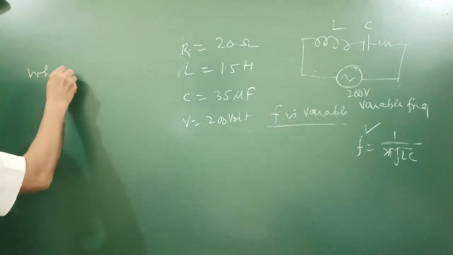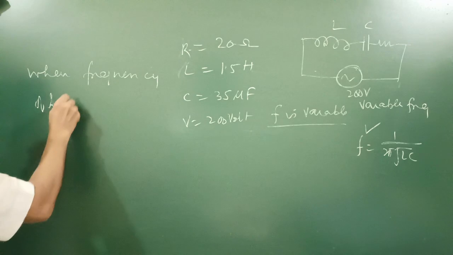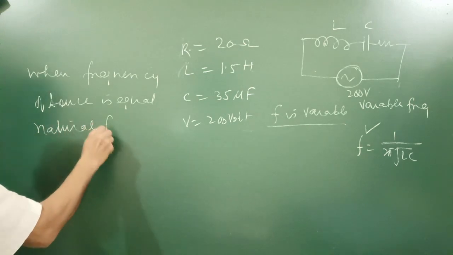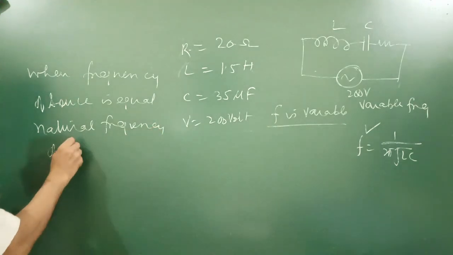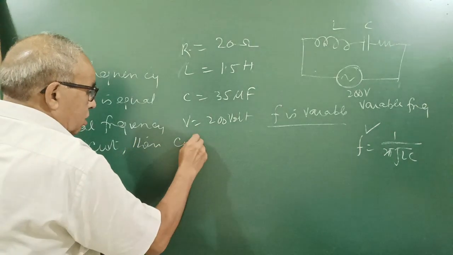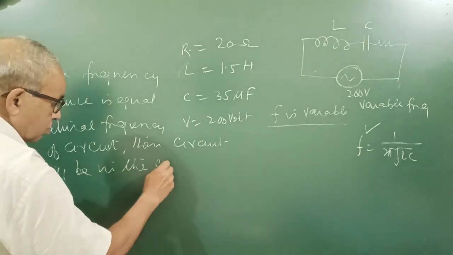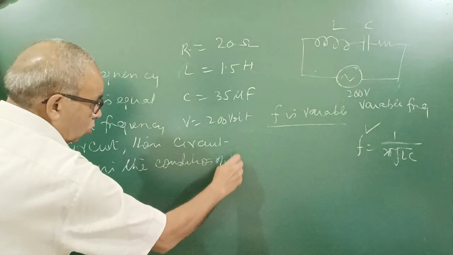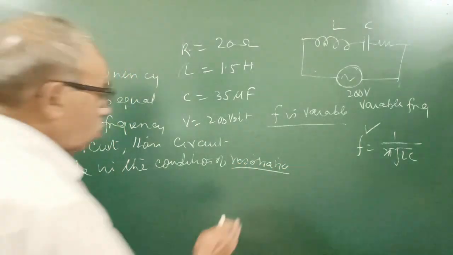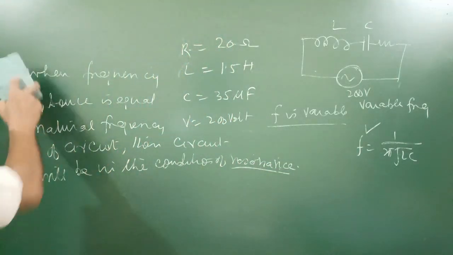So when you write here: when the frequency of source is equal to the natural frequency of the circuit, then the circuit will be in the condition of resonance. And in the resonance condition, what is the value of the power factor?